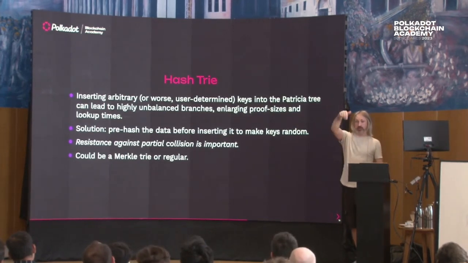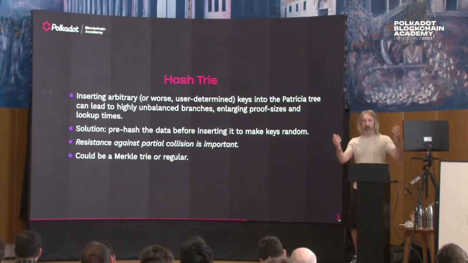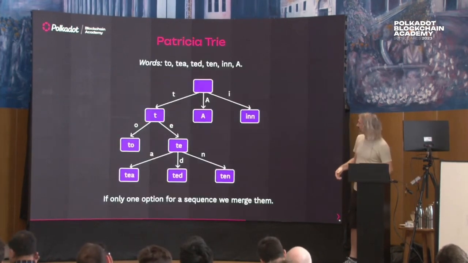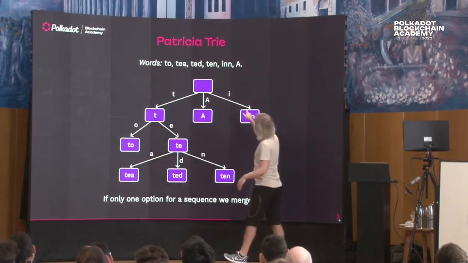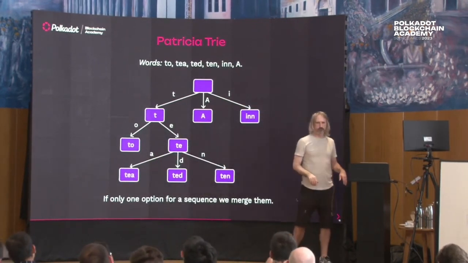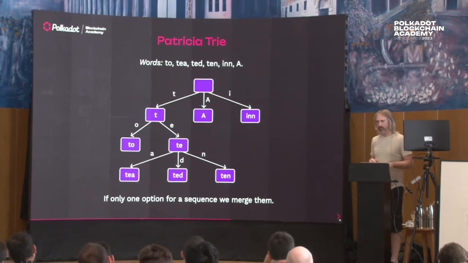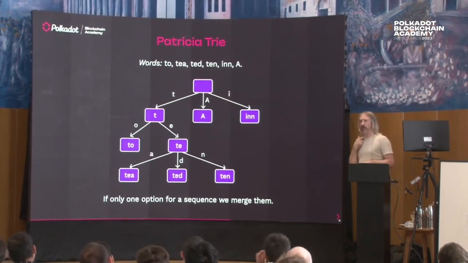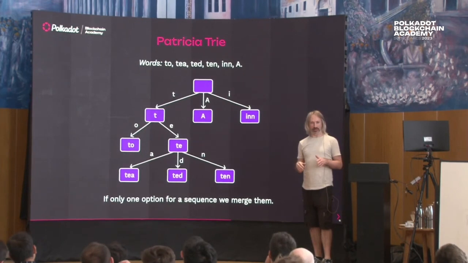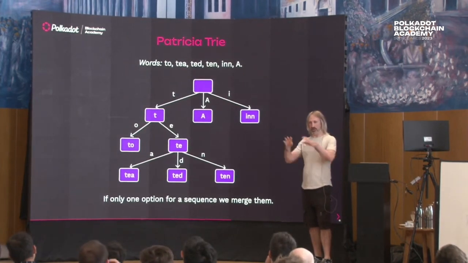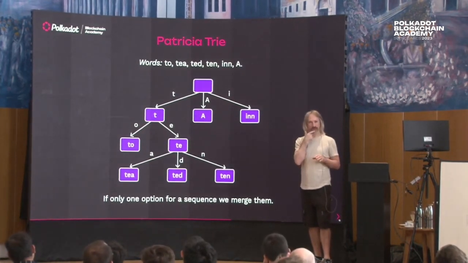It might take, I don't know, 12 things to go down one path, but only one to go down another. And this breaks our expectation of log n proof size and database lookups, yeah? If it's not properly distributed.